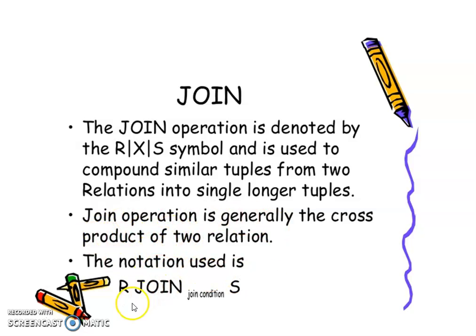The notation used is R join S. In its simplest form, the join operator is nothing but the cross product of two relations. When the join becomes more complex, tuples are removed from the cross product to make the result of the join more meaningful. It means that joins are used to evaluate the join condition between the attributes of the relations on which the join is operated.